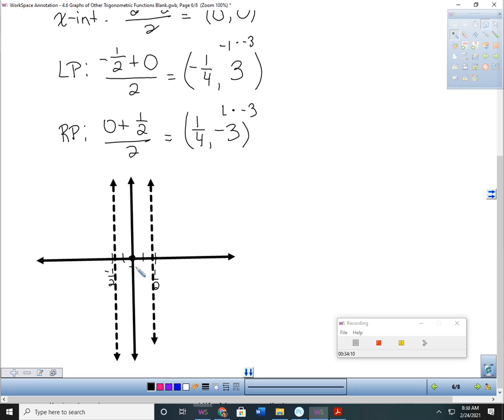So I'll be going down 3 and up 3. So negative 1/4 up to positive 3, and positive 1/4 down to negative 3. So this did stretch it, right? Made it a little bit more elongated.